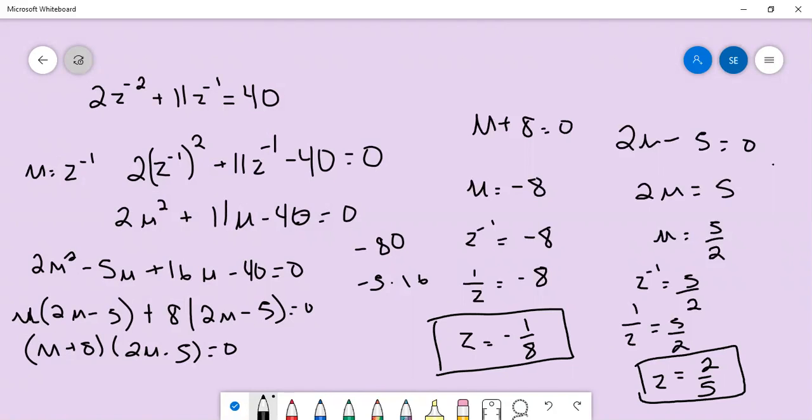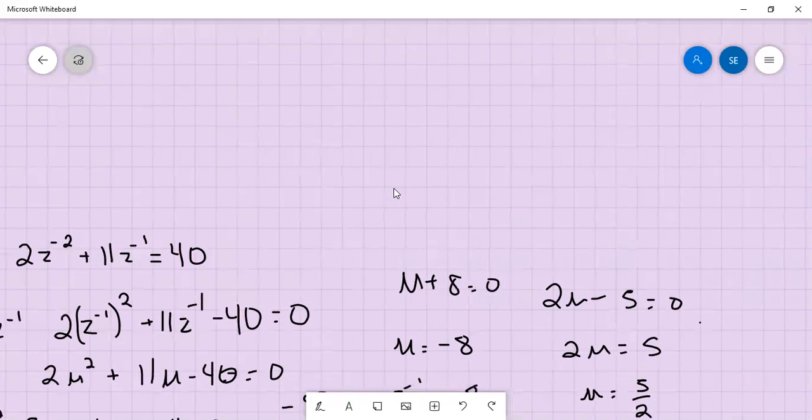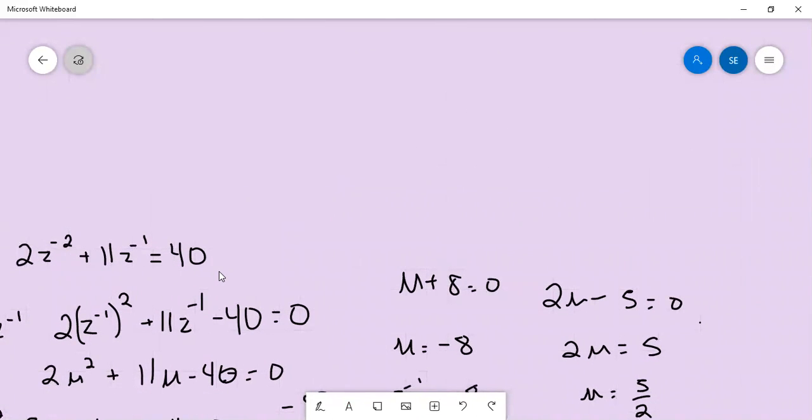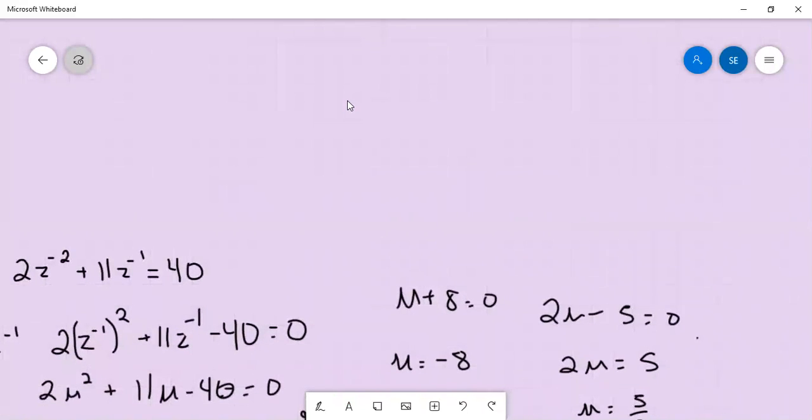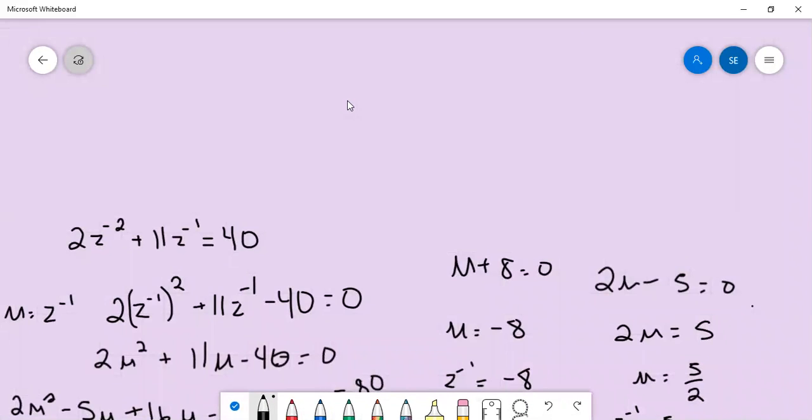So we could have taken this equation and multiplied both sides by z squared. If we multiply everything by z squared, we get 2z to the negative 2 times z squared plus 11z to the negative 1 times z squared equals 40 times z squared.